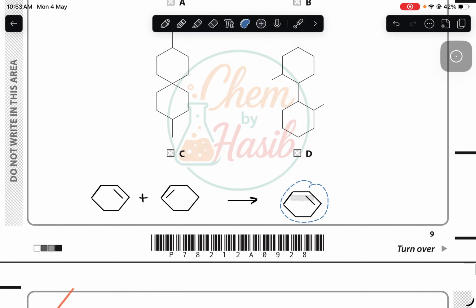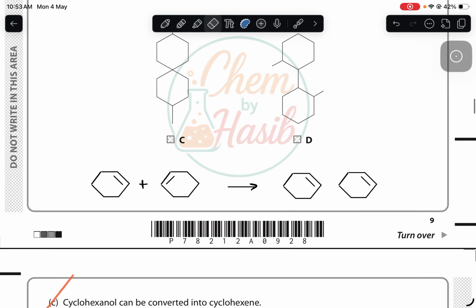these molecules would join at the carbon atoms where they had double bonds. Now this compound has a double bond here, and this compound has a double bond here. So when they form addition polymers, these double bonds won't be there, and they would form a covalent bond between them.